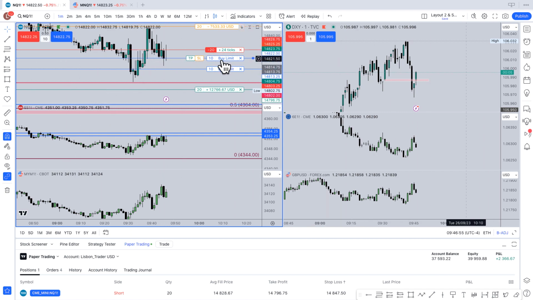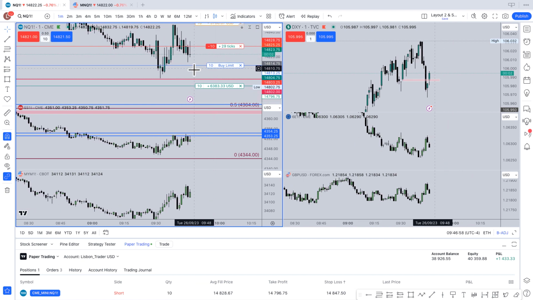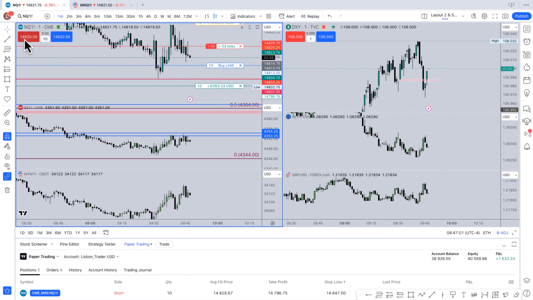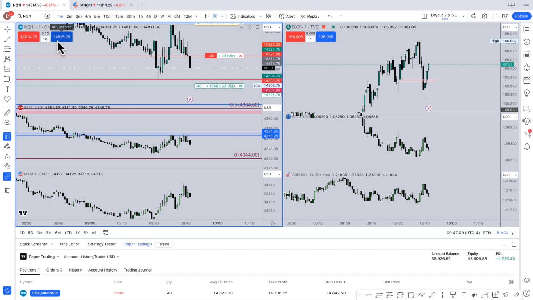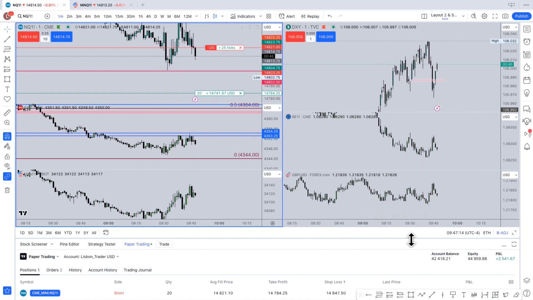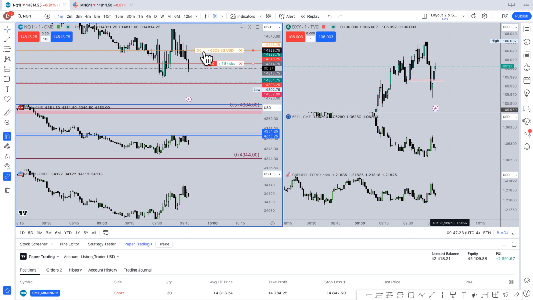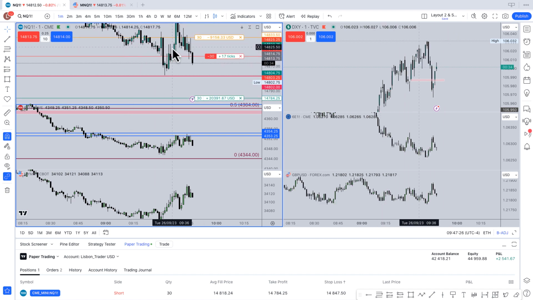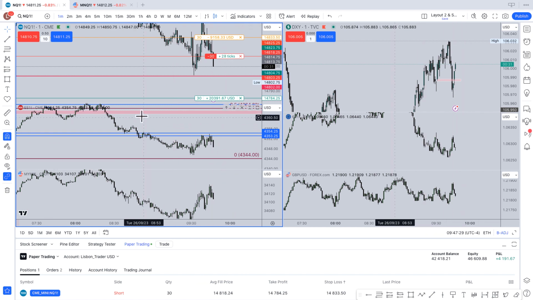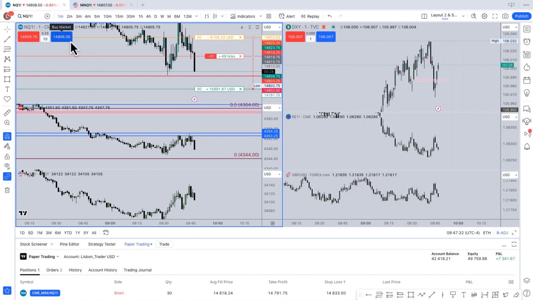Reshaping the equity. Okay, 40. $45. So let's see the drop. For the drop.